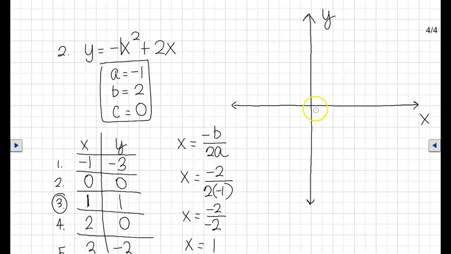So negative 1, negative 3 will go to the left 1 and down 3. 0, 0 is, of course, the origin. 1, 1 is right 1, up 1. And 2, 0 is right 2, stay put. 3, negative 3 is right 3, down 3. And notice this time we're going to get that U shape that opens downward.